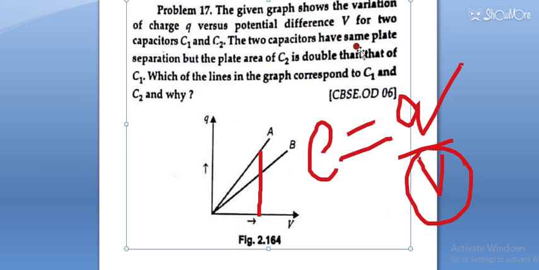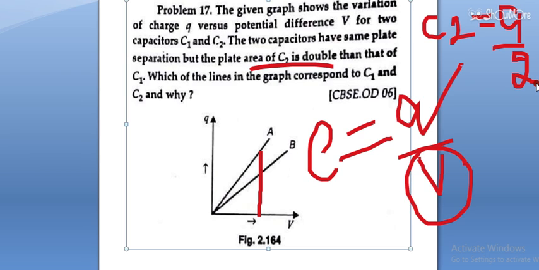Now which capacitance is more? C2 has double area, so C2 is more than C1. So we have to see which is more.